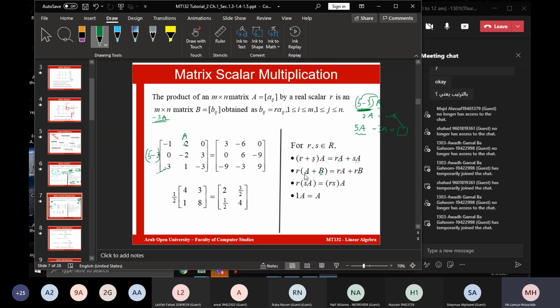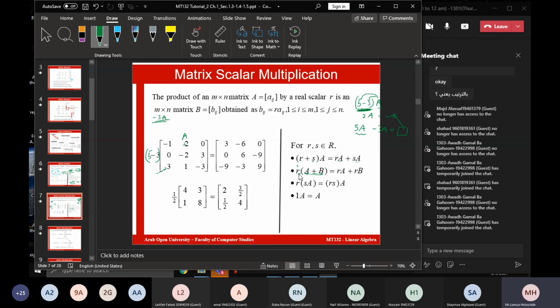Okay, type this. I have matrix A or matrix B. I am adding them and then multiply them times R. Okay, type. So either I add the 2 matrices and then the result I multiply by R. اللي هو R زي 2 زي 5 minus half whatever. Okay, or else it's the same.